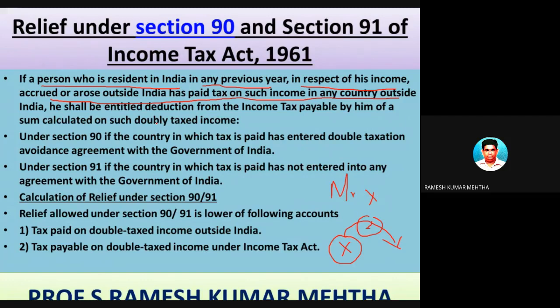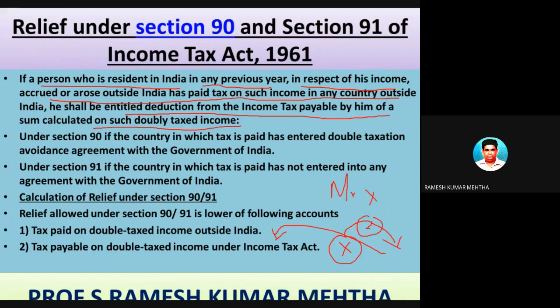Then such a person shall be entitled to a deduction from income tax payable by him of a calculated amount on such doubly taxed income. Already he has paid tax in the other country. Now he has to pay again in this country because he is bringing this income to this country, and we have a separate chapter called residential status, under which we discussed all these aspects.